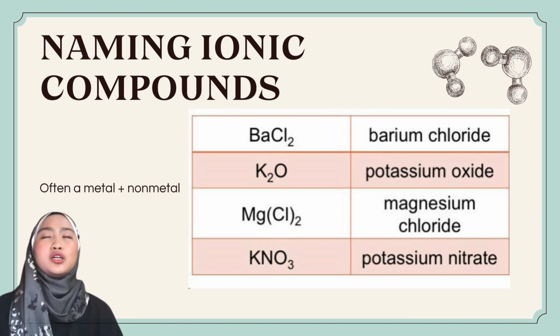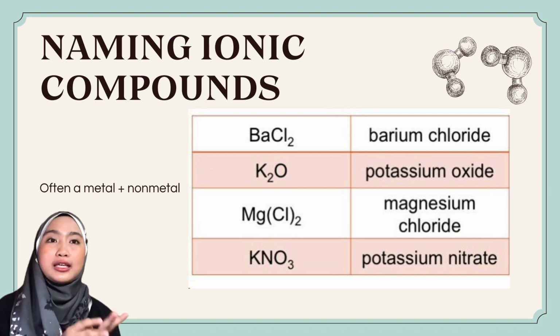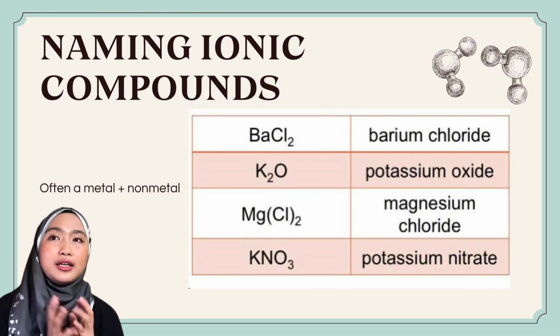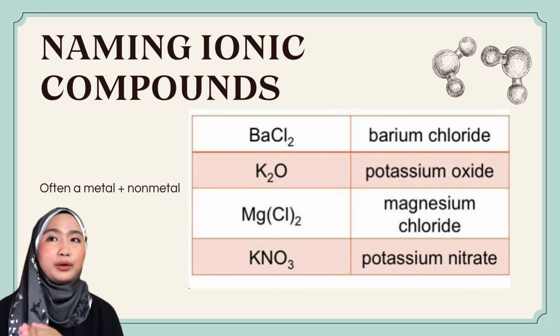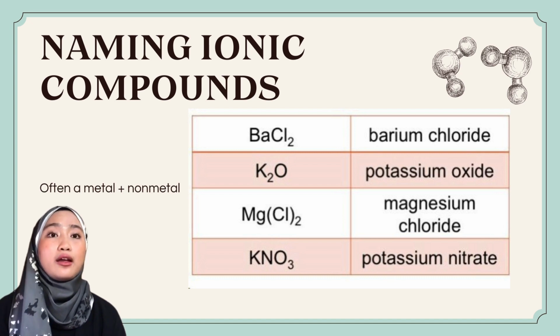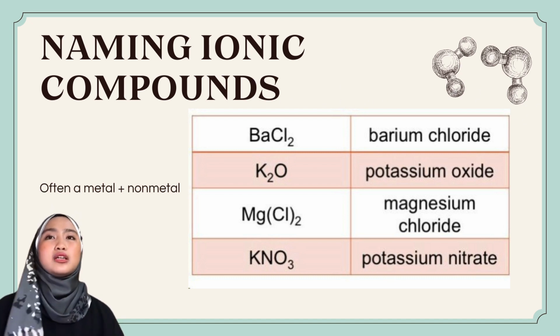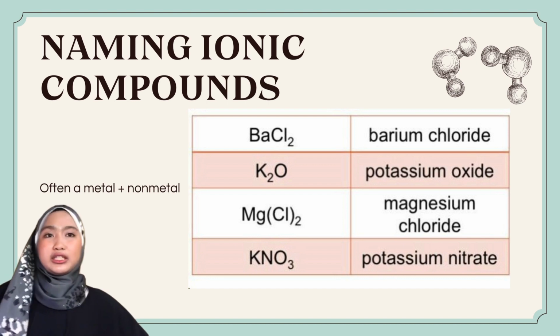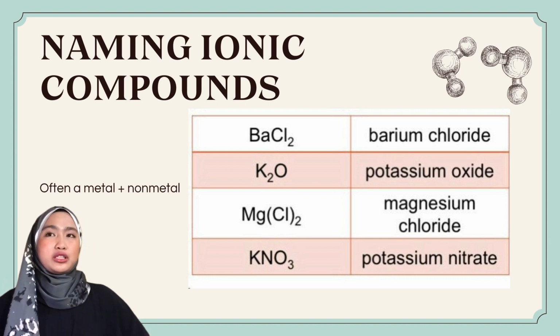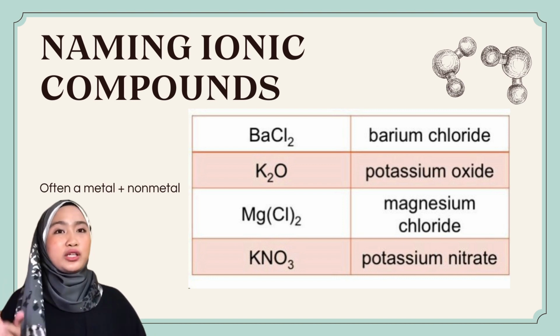Now we're going to our second subtopic, naming ionic compounds. It is often a metal paired with a non-metal. I already gave the example, so it's quite easy.